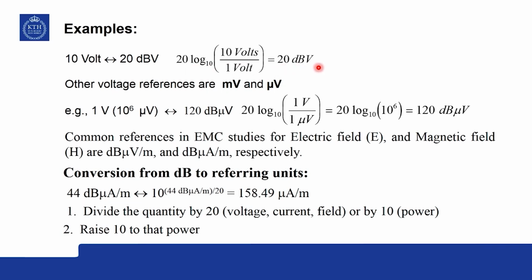Say you can express instead of volt in terms of millivolt or microvolt. So, if you take 1 volt, which is equivalent to 10 to the power of 6 microvolt, that will be 120 dB microvolt. Say 20 log 1 volt divided by 1 microvolt equal to 20 log 10 to the power of 6 is equal to 120 dB microvolt.